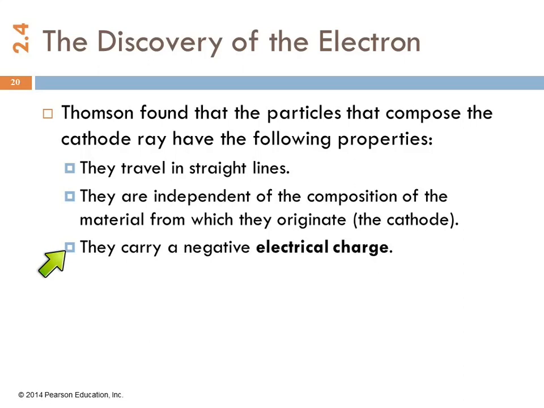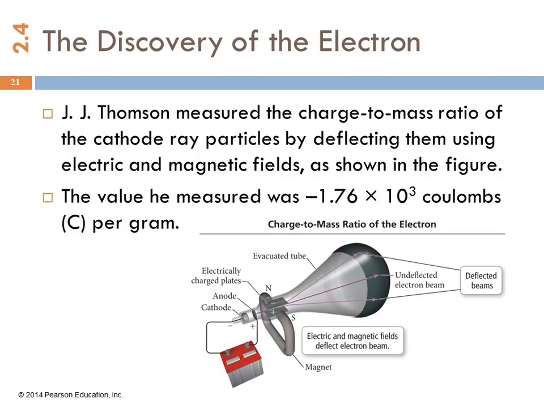And he found that they carry a negative electrical charge. He found that because if you apply a field, here's an electric field, you can actually cause that beam to bend, and that tells us that it's charged particles.